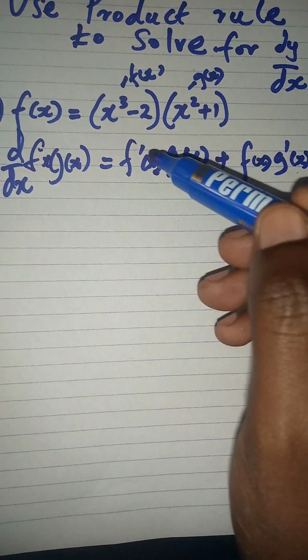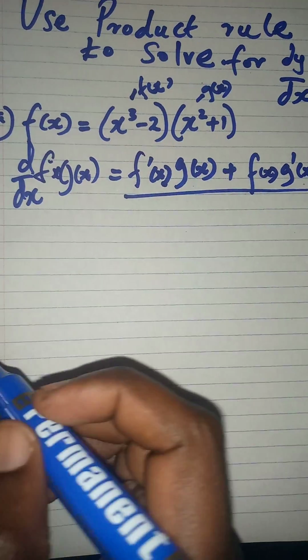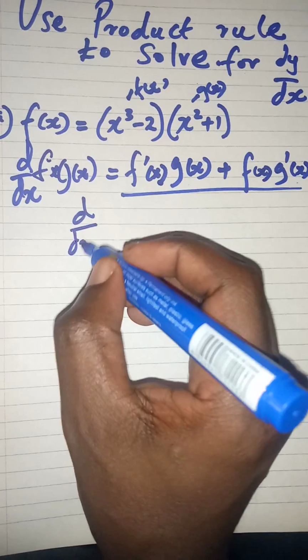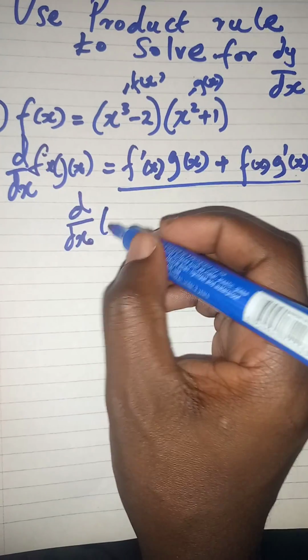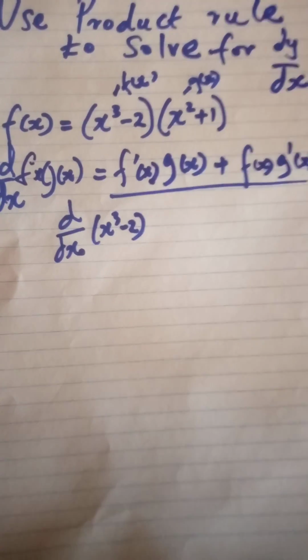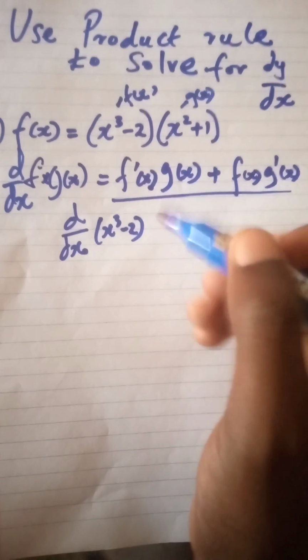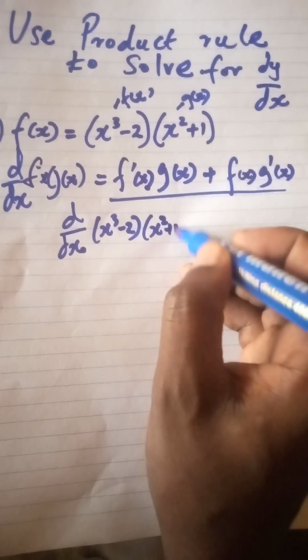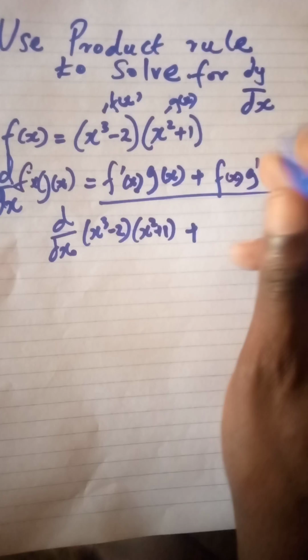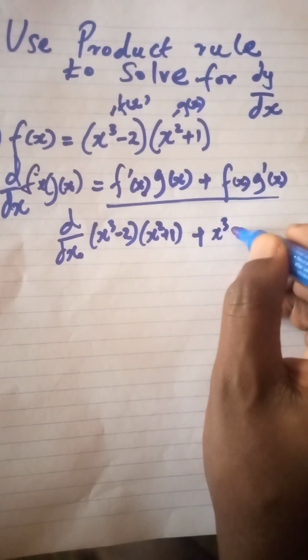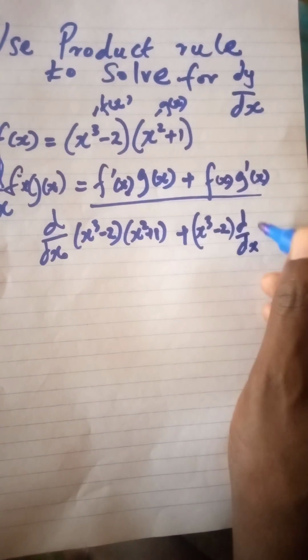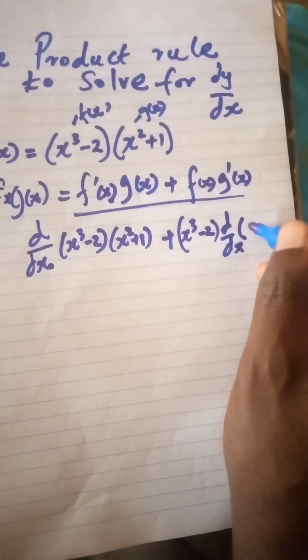Substituting this in the theorem, I'm going to find the derivative of the first one, x cubed minus 2, times the second one, which remains as x squared plus 1, plus I'll multiply the first one, x cubed minus 2, by the derivative of the second one.